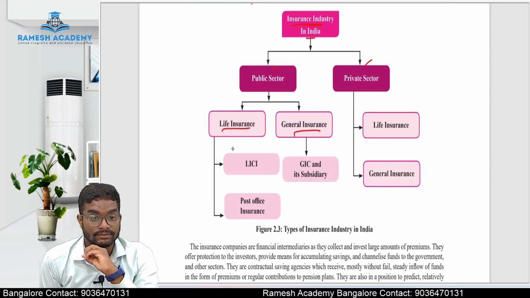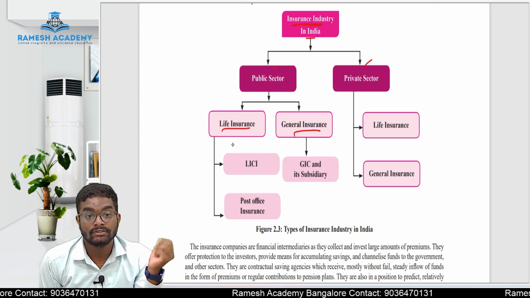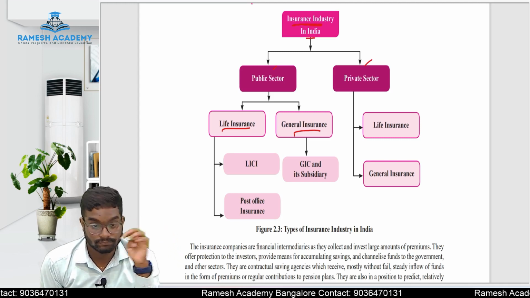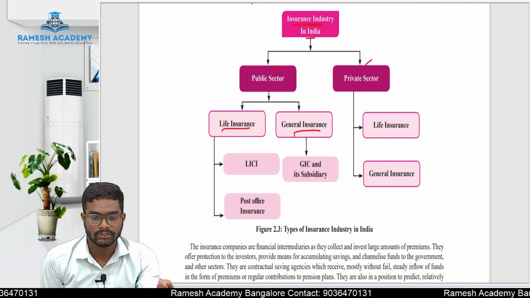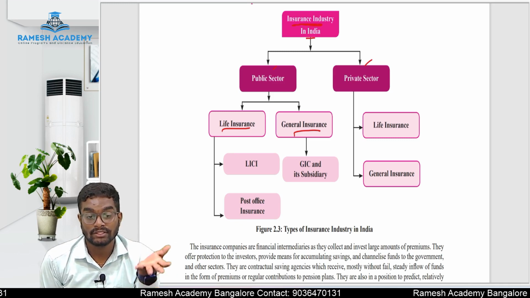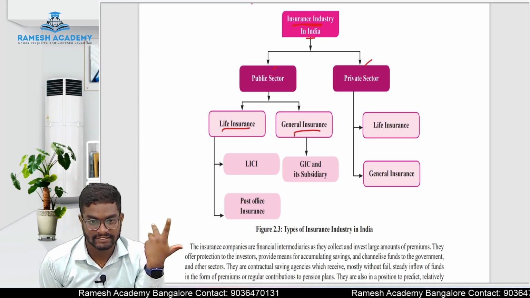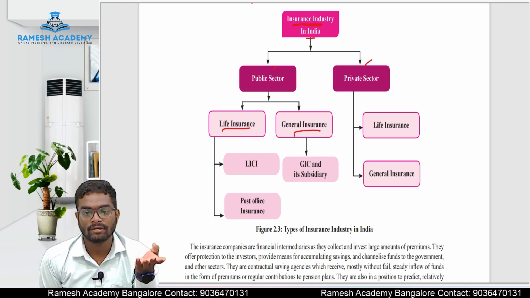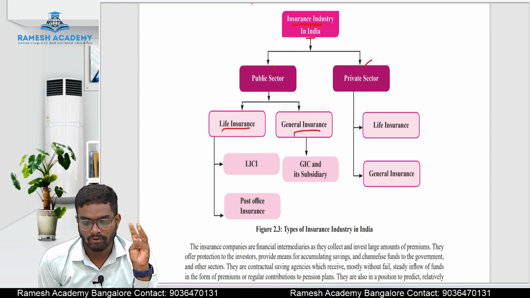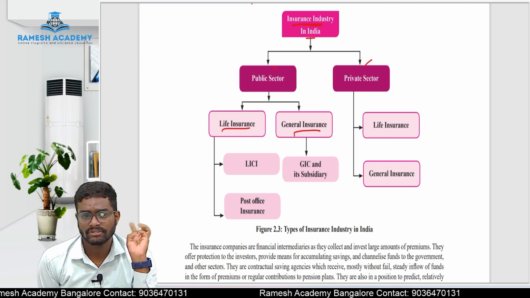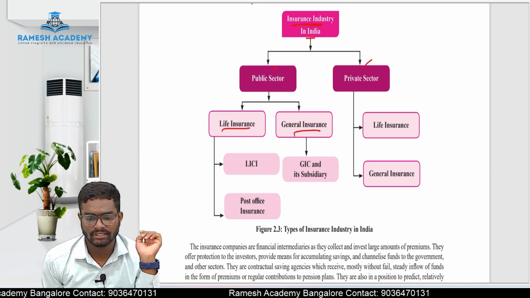Life insurance is very much concerned with our life. If we die in future due to natural calamities or unexpected circumstances, our family will get the amount. General insurance is what we take on our vehicles, on companies, trade, shops, etc.